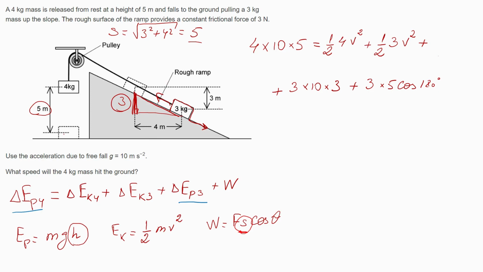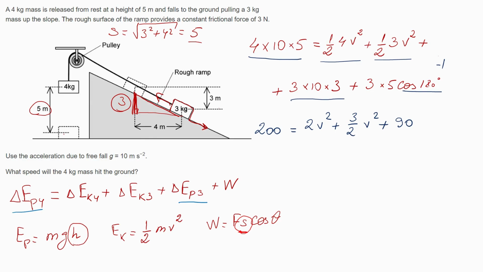Now we can calculate them. For this one the answer is 200. It will be equal to 2v squared plus 3 over 2 v squared plus this, which will be 90, and cosine 180 is equal to -1, so it will be -15.